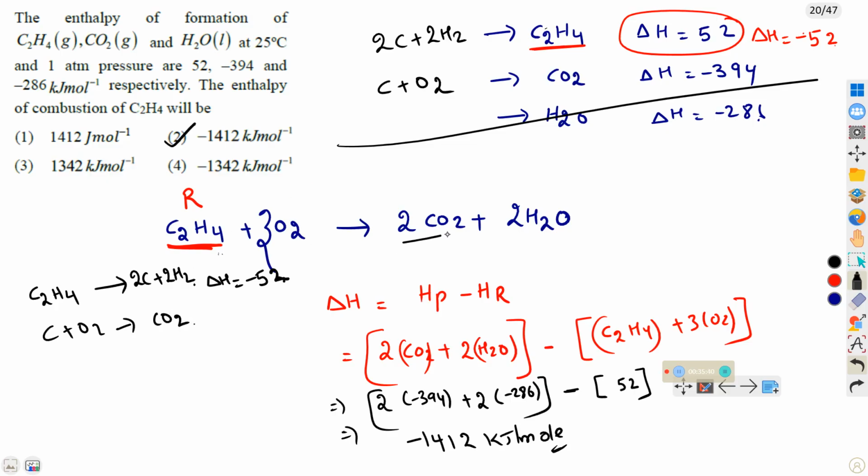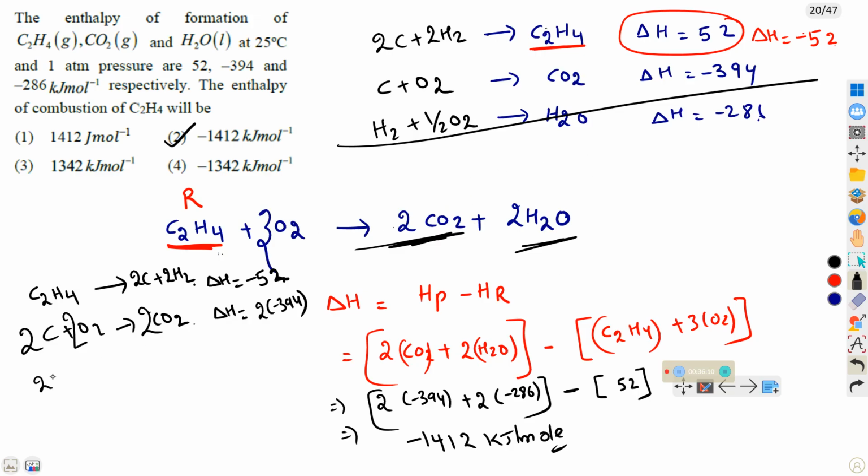Equation 2 multiply with 2, because in the final combustion reaction, 2 moles of CO2 is there. 2C plus 2 moles of O2 gives 2 moles of CO2, delta H is equal to 2 into minus 394. After that, 2 moles of H2O here. H2 plus half O2 gives rise to H2O.